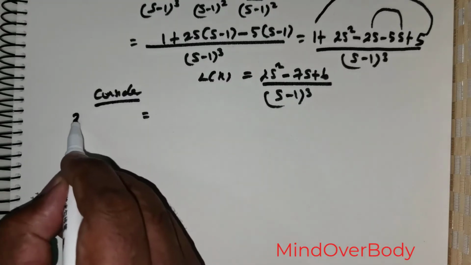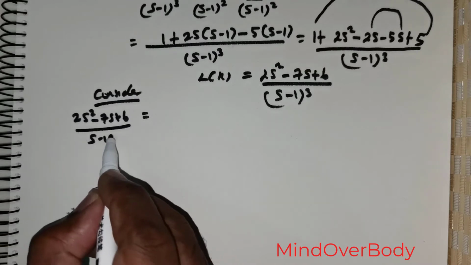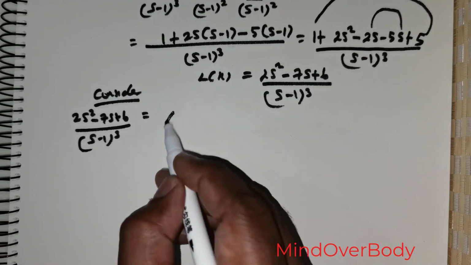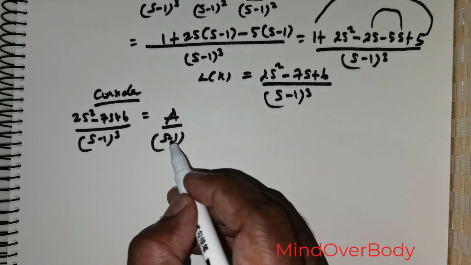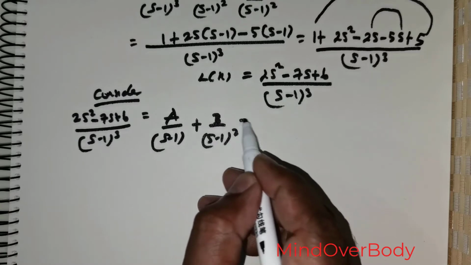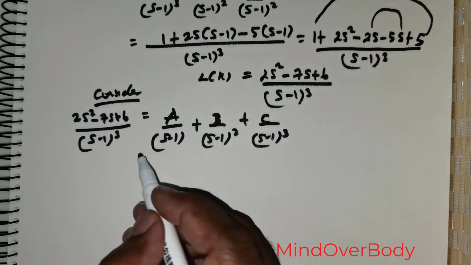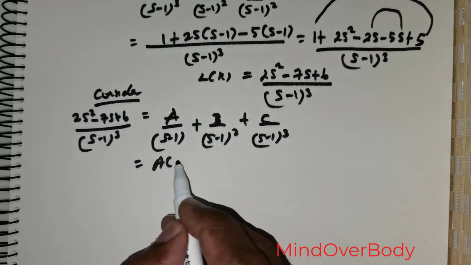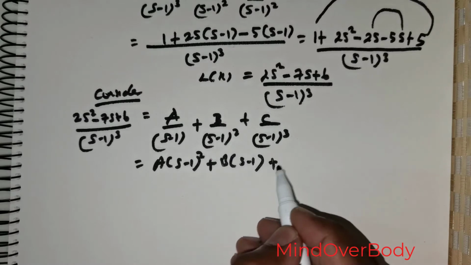Consider the term 2 times s squared minus 7s plus 6 divided by s minus 1 raised to the power of 3. I want to split them into partial fractions, so I will write it like this: a over s minus 1 plus b over s minus 1 raised to the power of 2 plus c over s minus 1 raised to the power of 3. So you cross multiply, you get a times s minus 1 squared plus b times s minus 1 plus c.